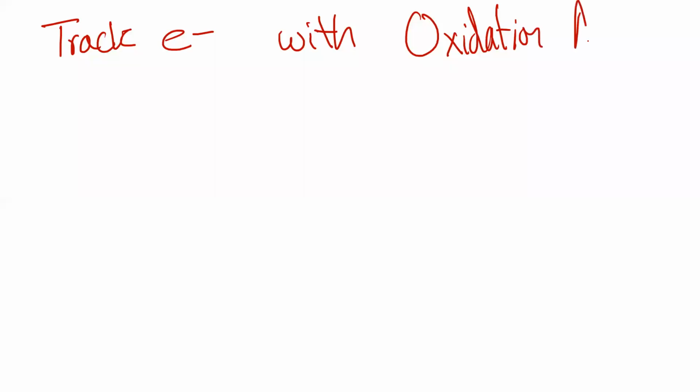We track electrons with special things called oxidation numbers. Okay. So what's an oxidation number? It is a tracking system. It is a number that indicates whether an atom is neutral, electron rich, or electron poor. Has it gained electrons? Has it lost electrons? Has nothing changed?